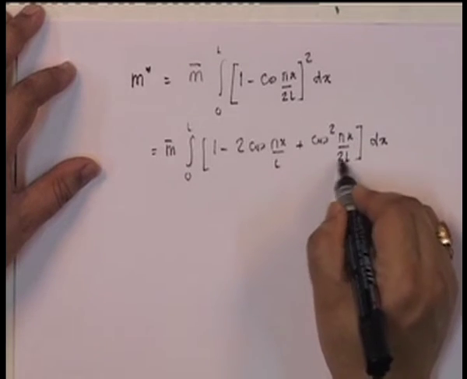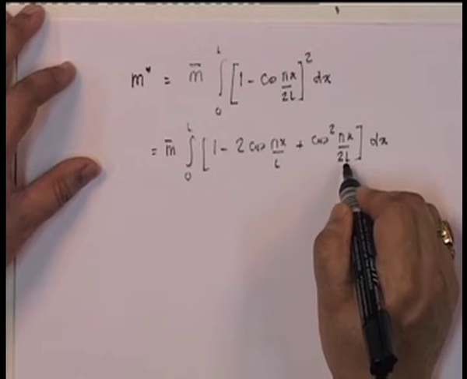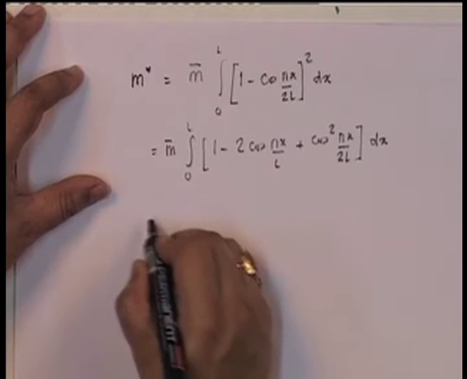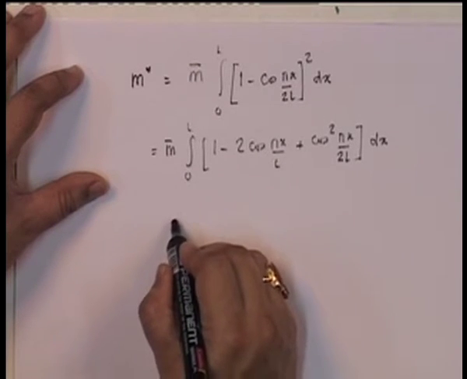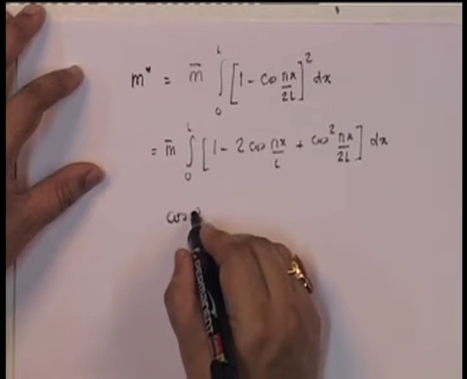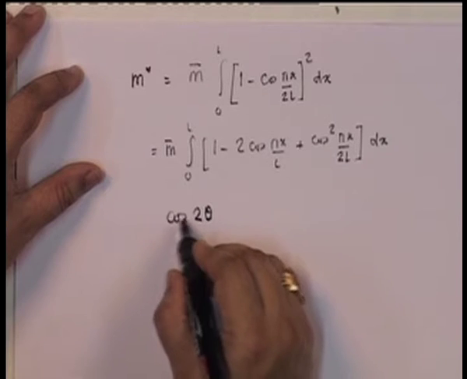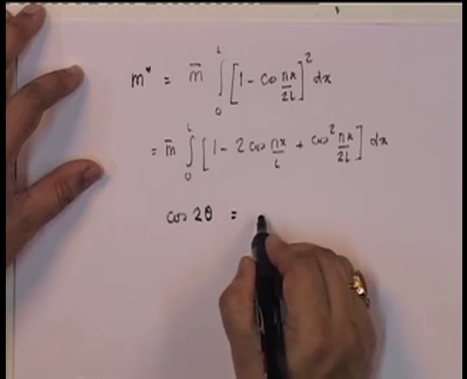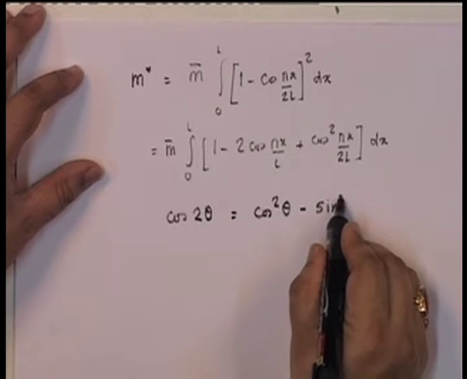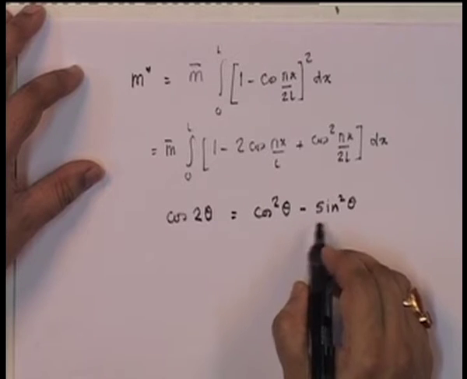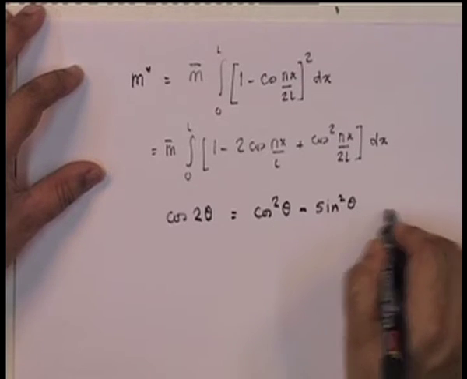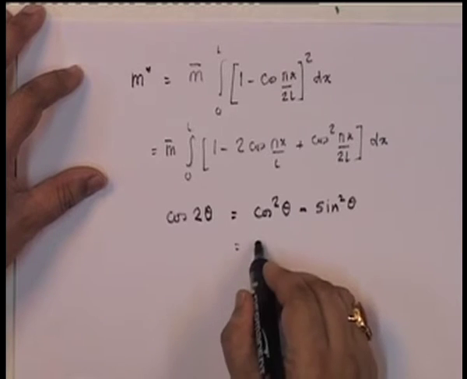Now, cosine squared, if you look at it, I am going to use another identity: I know that cosine 2 theta is equal to cosine squared minus sine squared, and so anyway, let me rewrite this.